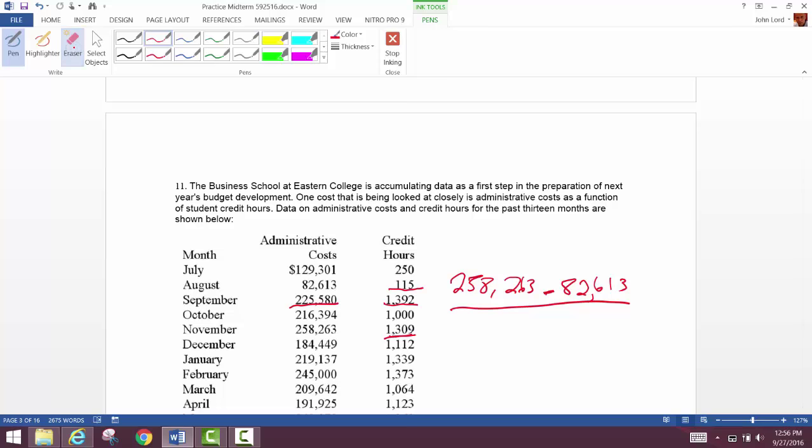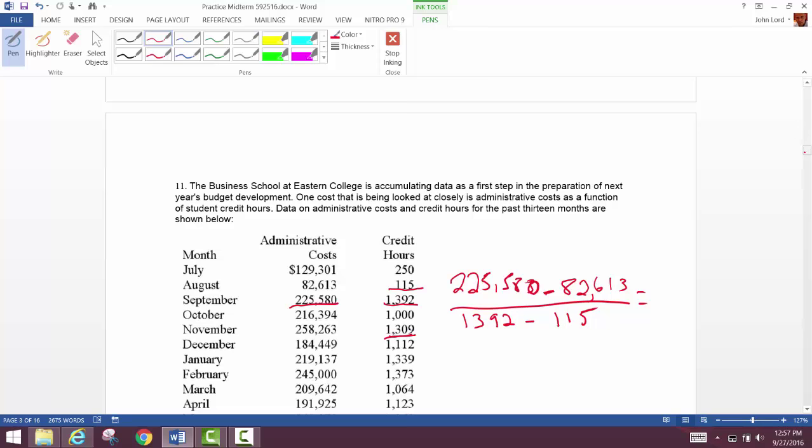225. So we got to pick that back up. 225,580 minus this 82,613, divided by the 1392, minus 115.